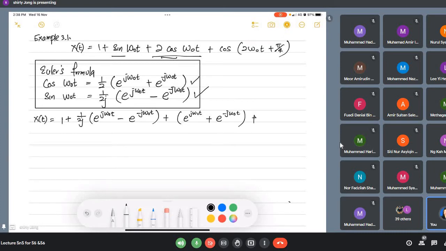Then plus the third term, which is also a cosine: 1 over 2 times e^(j(2ω₀t plus π/4)), and the π/4 you also need to collect.